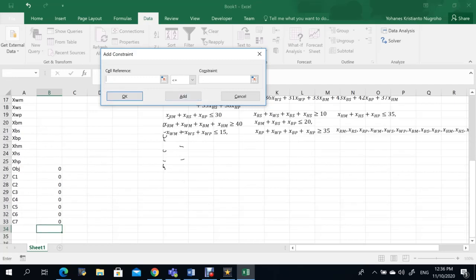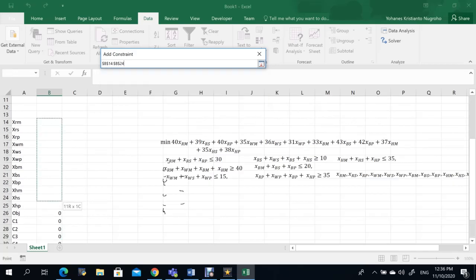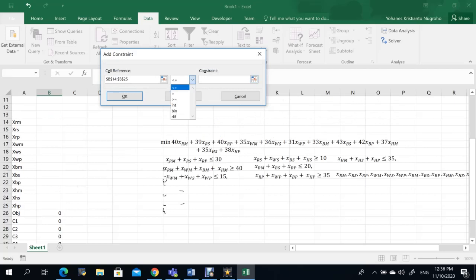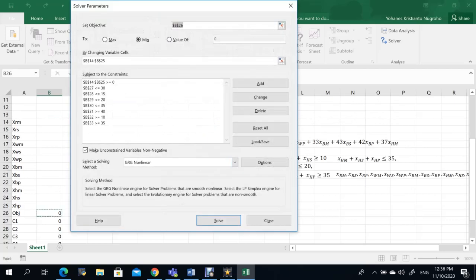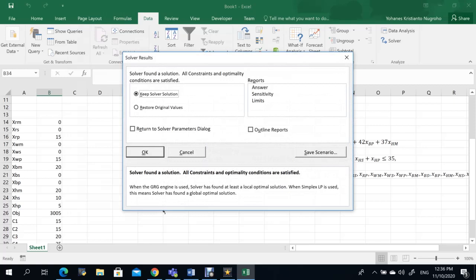Now we add the last constraint, constraint number 7, should be higher or equal to 35. And finally, non-negativity constraint should be added, equal to 0. Okay, alright, so we have composed our problem in the solver parameter setting, and then we start solving the problem.